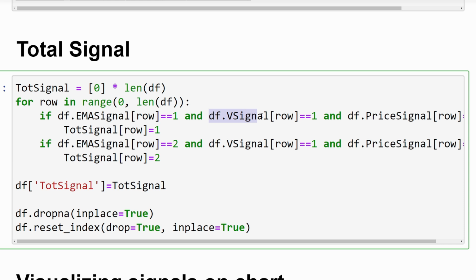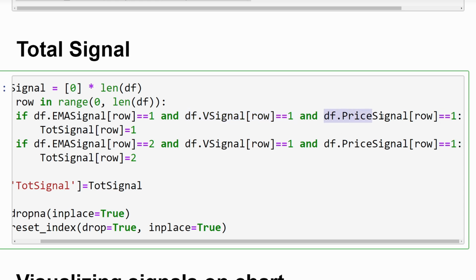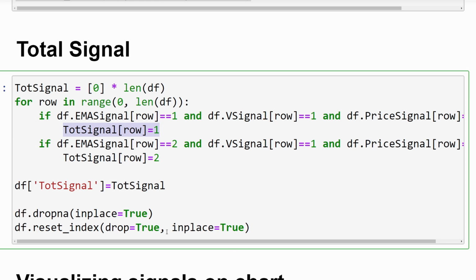At the same time, if the volume signal is equal to 1, so the current candle's volume is greater than the previous candle's volume, and the price signal is equal to 1, showing 4 bullish candles going against the current trend, and the current candle is going along the trend, meaning it's a bearish candle, then our total signal is a selling signal.